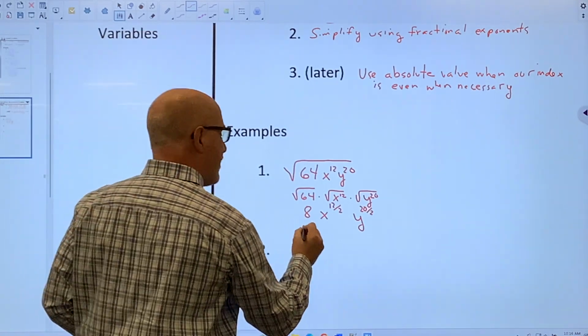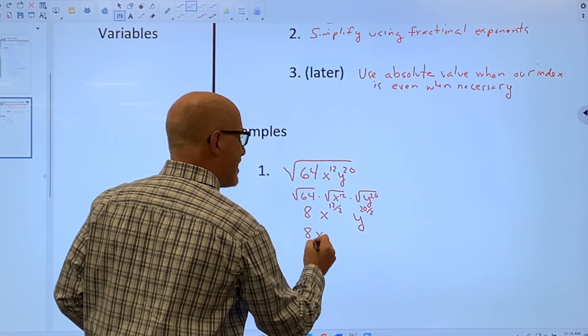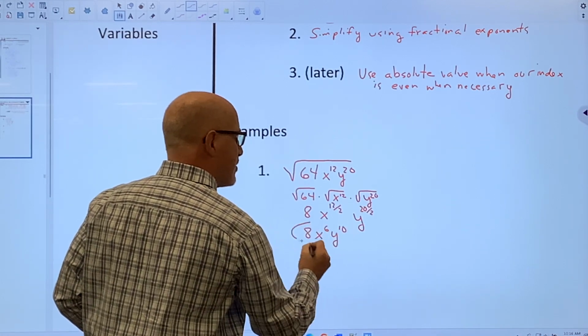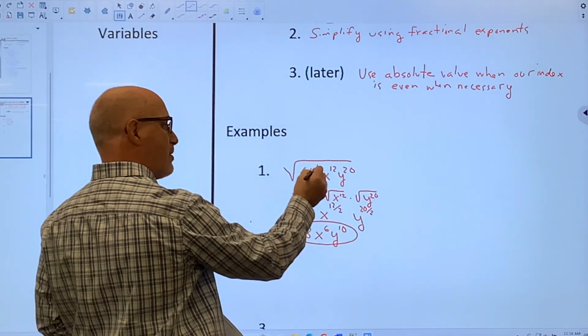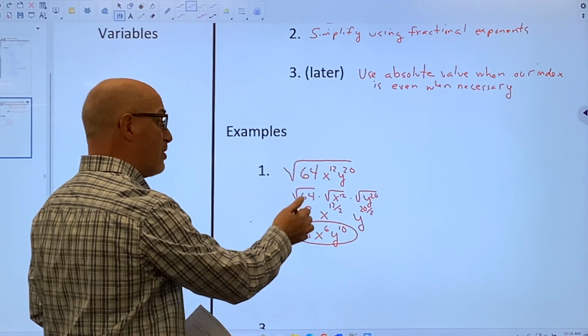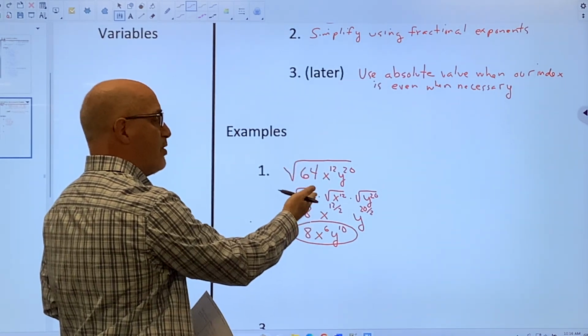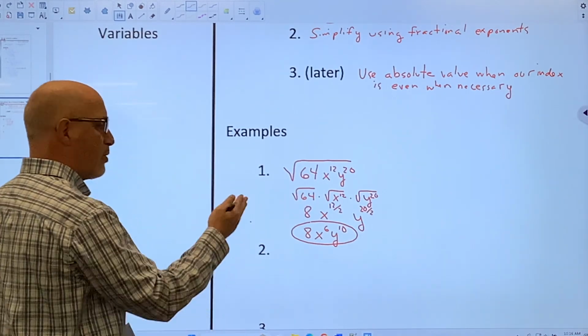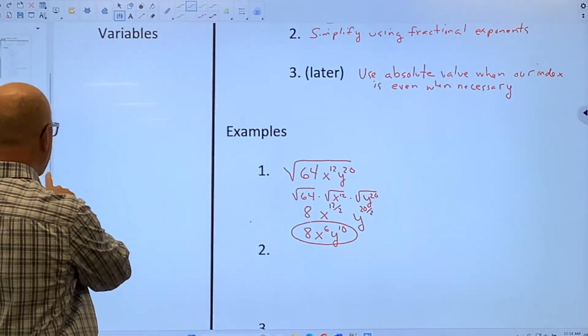Now I can simplify those. I get 8x to the 6th power and y to the 10th. So I've taken this radical and simplified it using fractional exponents to reduce them down in order to get my final answer.